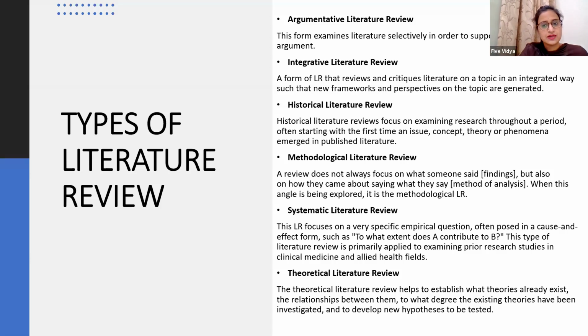The second type of literature review is the integrative literature review, which is, I think, the most common literature review we use in social sciences research. What we are doing is reviewing and criticizing the literature which is already available on a topic, and presenting an integrated viewpoint on that particular topic.